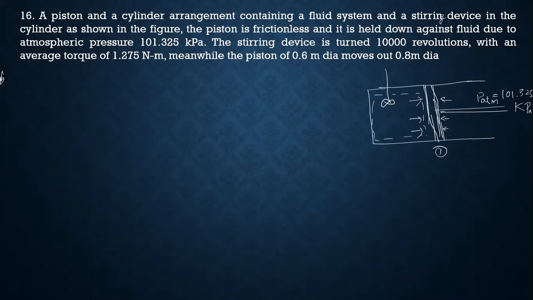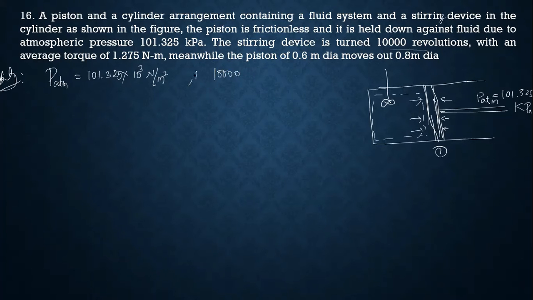Atmospheric pressure, I will write, is 101.325 kilopascal, that is 10 to the power of 3 Newton per meter square. The stirring device is turned 10,000 revolutions. The total revolution is not n, it is revolutions.